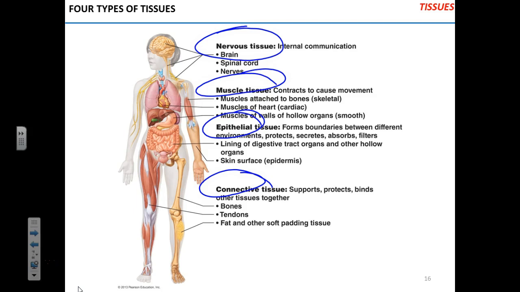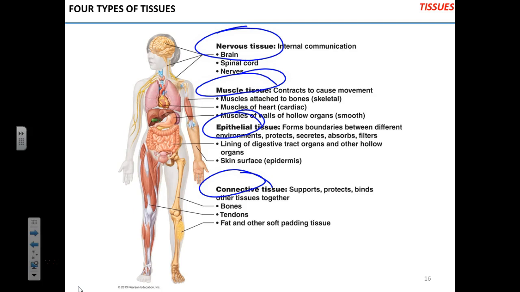What is the function of epithelial tissue? Too broad. Boundary. Bingo. It's a boundary. Boundaries can be external, they can be inside, but it's a boundary. Make sense?